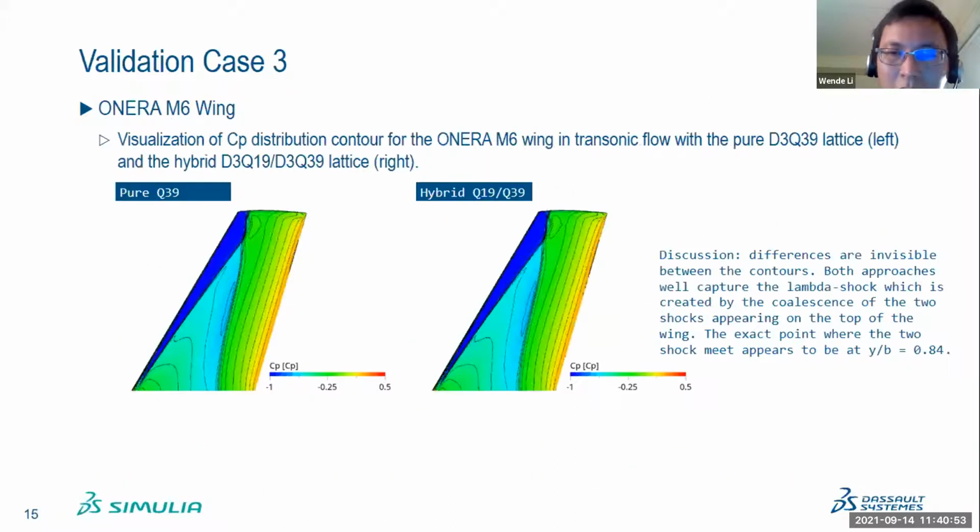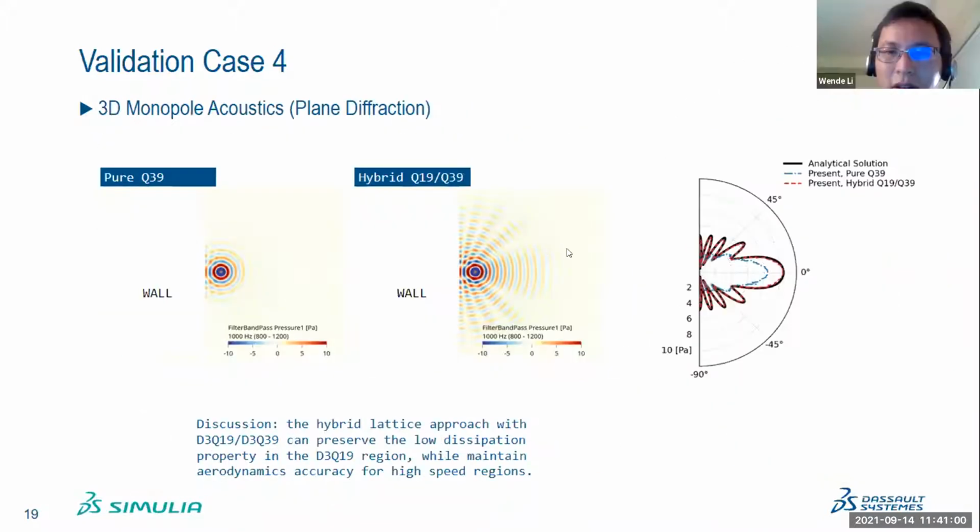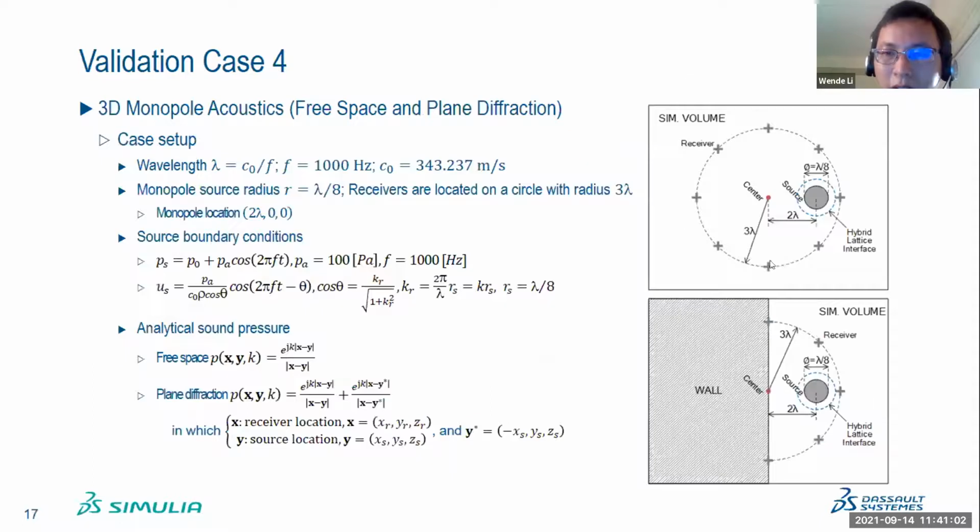For example, in the acoustic case, the solid boundary is just the pressure and the velocity according to this equation. There is no other boundary. And the other boundaries are the outlet and the free stream pressure. Okay, thank you.